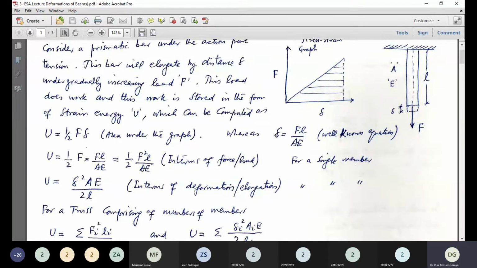Similarly, from this equation, if we want to compute the value of this force, this will be delta into AE divided by L. Substituting the same equation in this equation, now the strain energy will be delta square AE over 2L. This will be in the form of deformation or elongation.